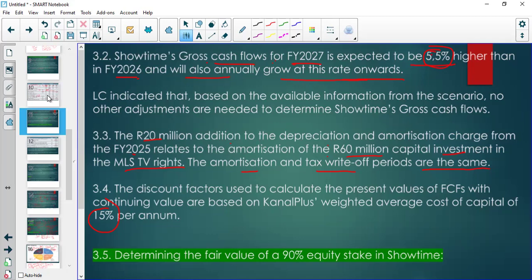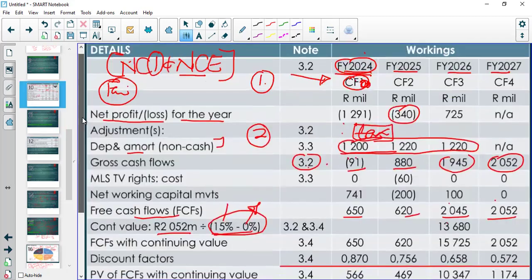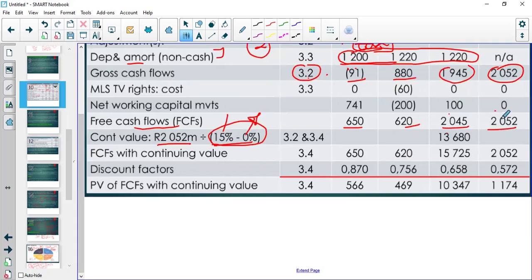So the continuing value can't be the one for 2027, all right? For 2027, the continuing value should be from 2028 onwards. So which means that we need to grow this by 1.055 first before we discount it, right? And then when we discount it, we have to put it in this current year, 2027, the present value, not in this year, right?